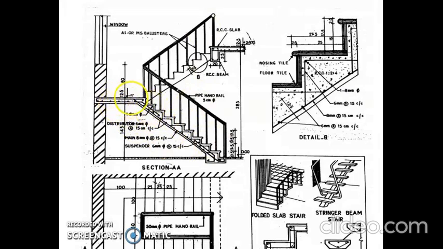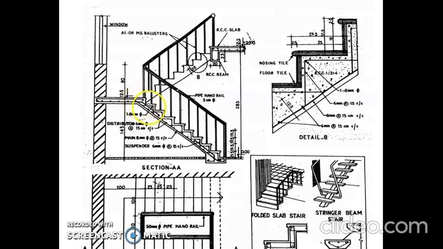Main bar extends up to the top of this landing main bar. Then the bottom main bar of this landing extends to this flight, and should be placed just above the distribution bar.